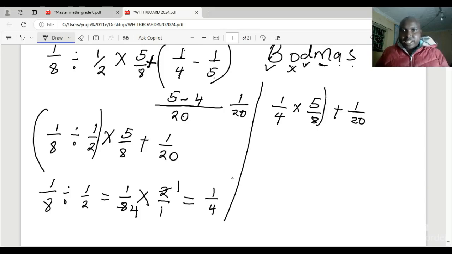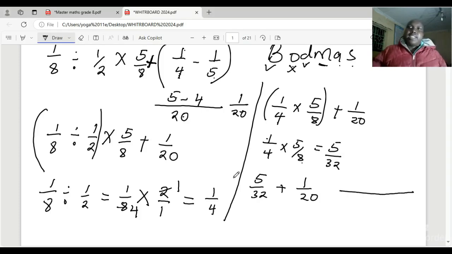Now the next one is multiplication. This is multiplication. Now 1/4 times 5/8. 1 times 5, 5. 4 times 8, 32. Now next, it is 5/32 plus 1/20.